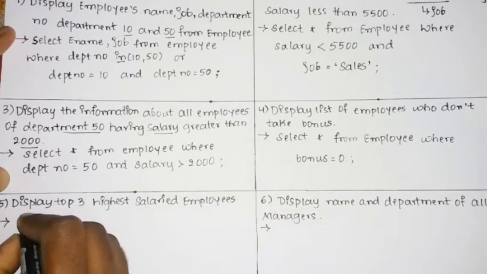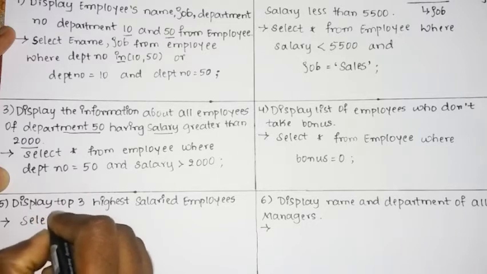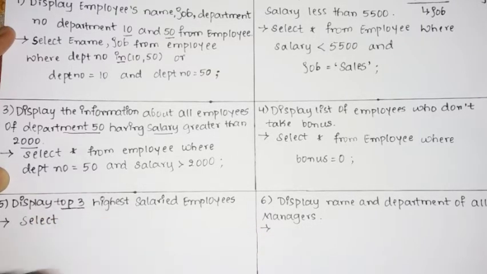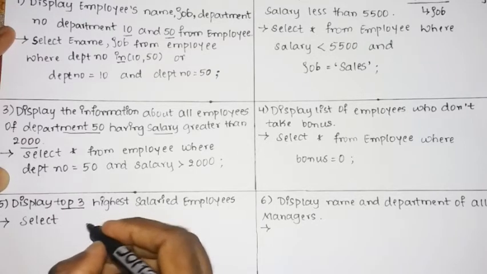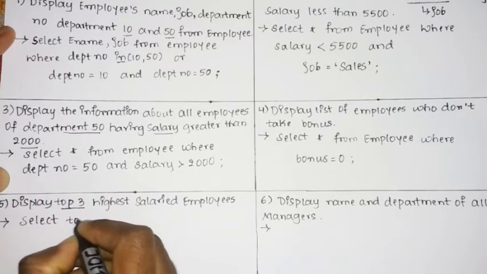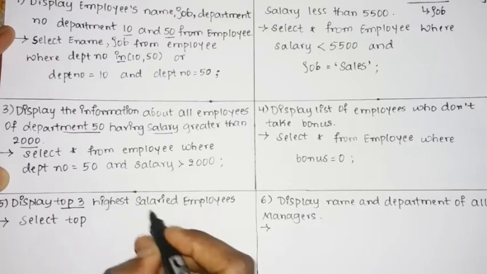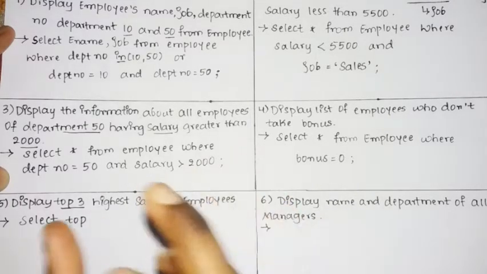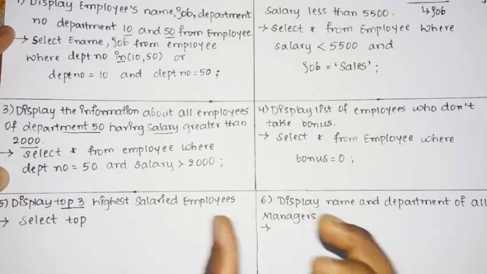Again, we need to use a select clause. Select followed by what you need, which is the top 3 highest salaried employees. You also have a top keyword in SQL. Top 3 will display the first 3 rows having the highest salary.